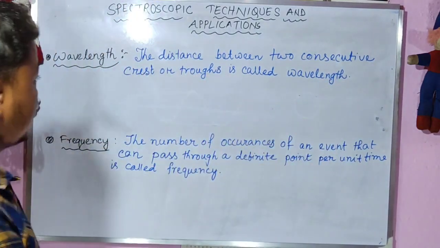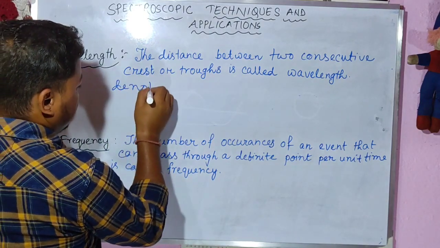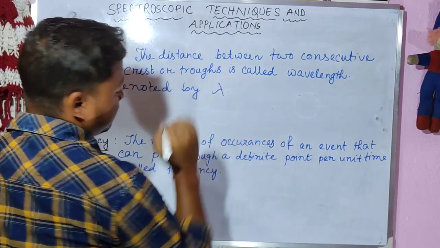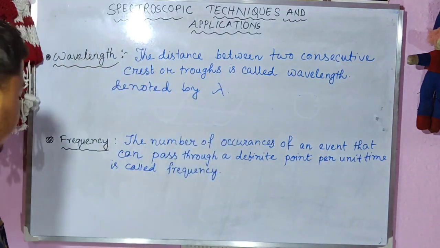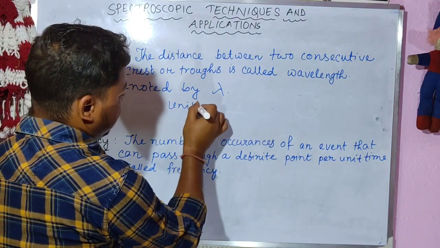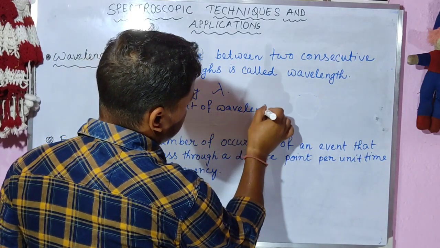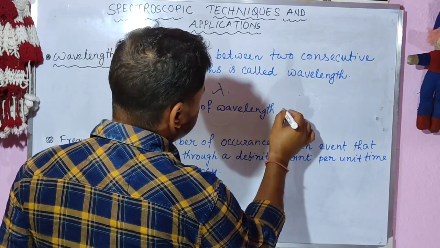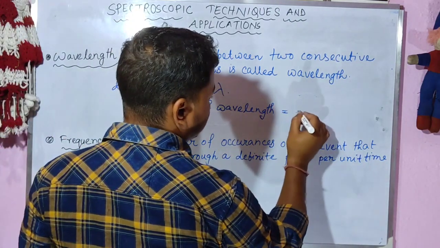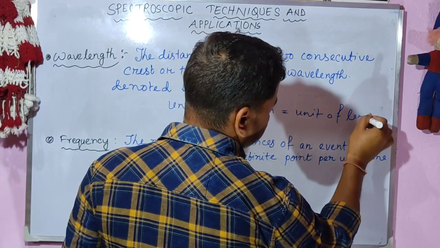And the wavelength is denoted by lambda. Wavelength is denoted by lambda, and unit of wavelength is unit of length.